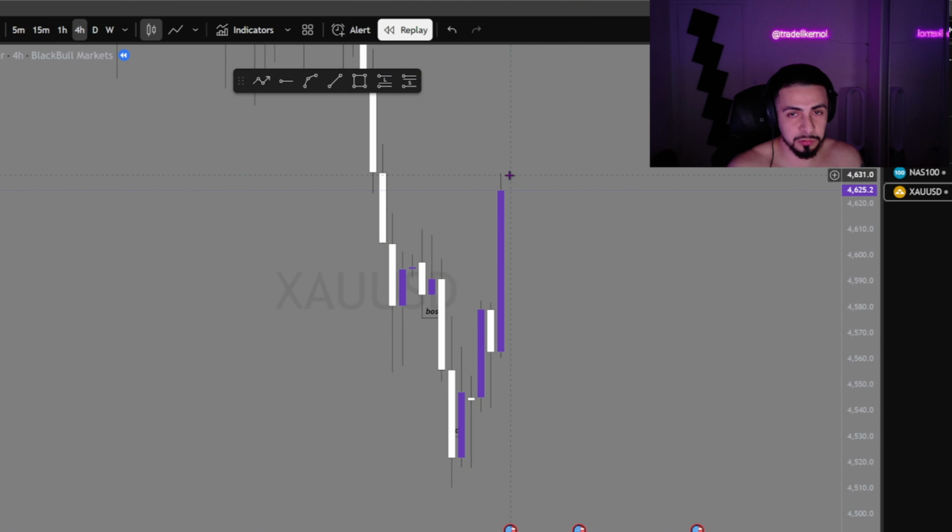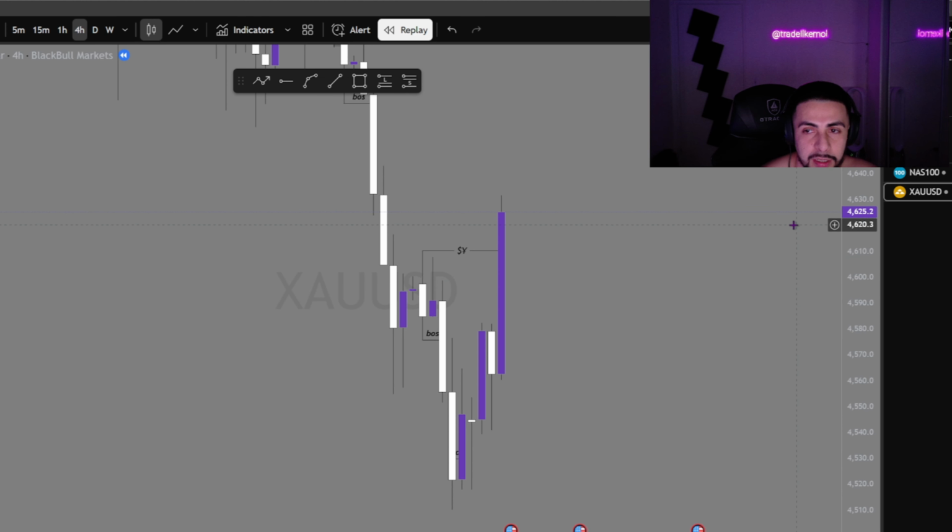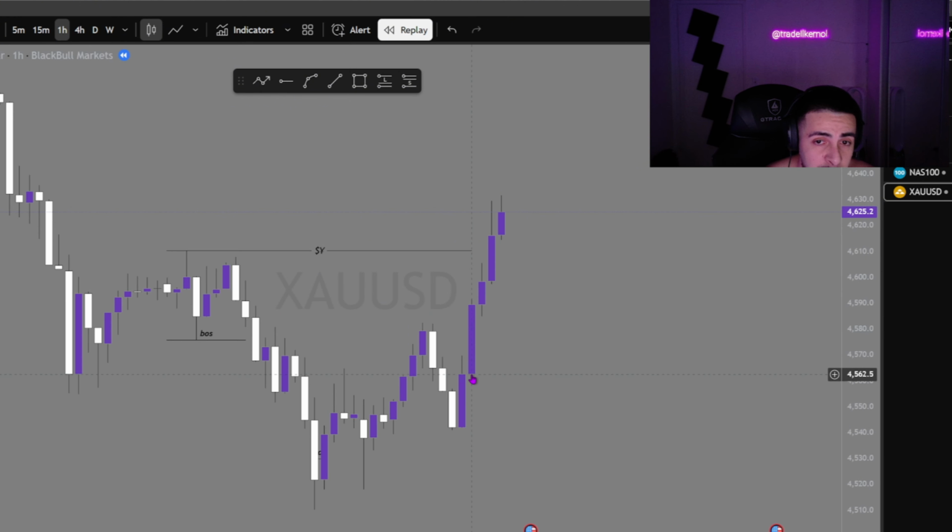Internal and external, 2 different things, okay? So this is internal, and then it swiped our liquidity, right? Which was right here, okay? So technically you just have 1 break to the upside, okay? So swiped liquidity on the 4-hour, right? And the 1-hour is bullish, okay?